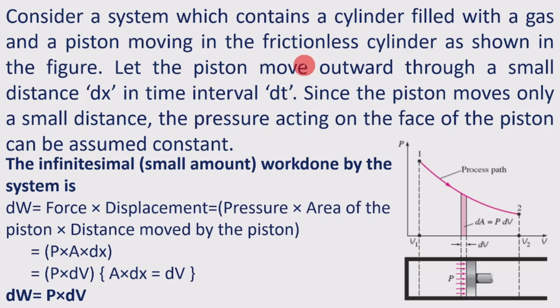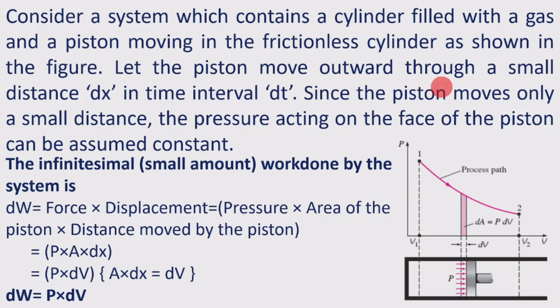Consider a system which contains a cylinder filled with a gas and a piston moving in a frictionless cylinder as shown in the figure. Here we are going to consider this as a system. It consists of a gas inside the cylinder and a piston which is moving frictionless within the cylinder due to the pressure of the gas.